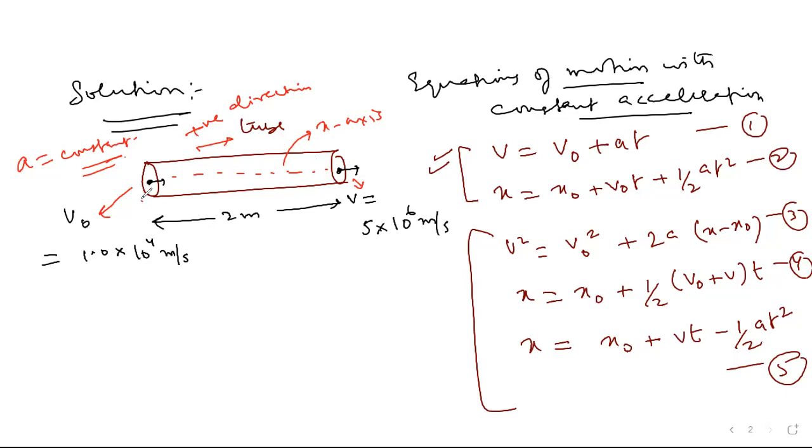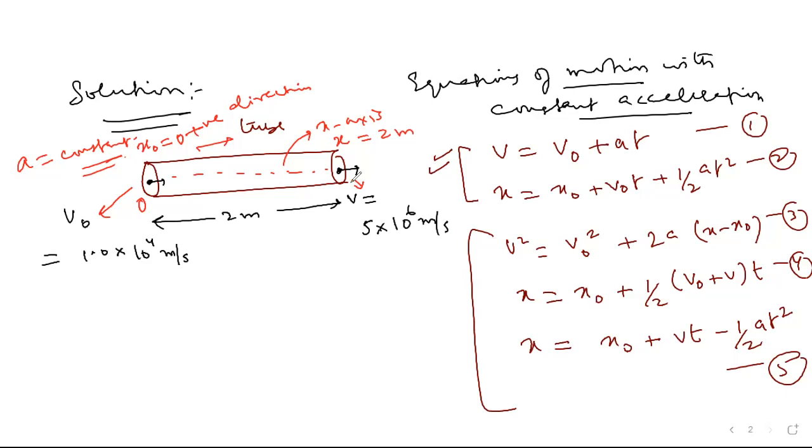And here we take the origin of the x-axis. If I take origin at one end of the tube, that means my initial position coordinate is 0. At origin, coordinate is 0. So my x naught is 0. And the position attained at the other end is x, so x is then 2 meters. So one end I am taking as origin, my x naught is 0, and the other end coordinate will be plus 2 meter because the length of the tube is 2 meter.